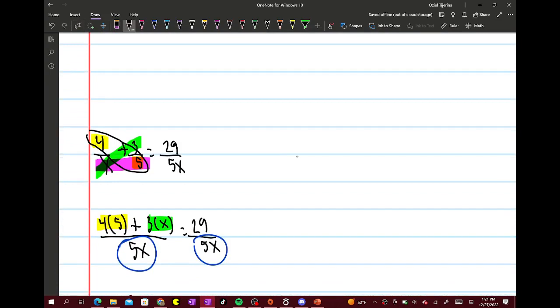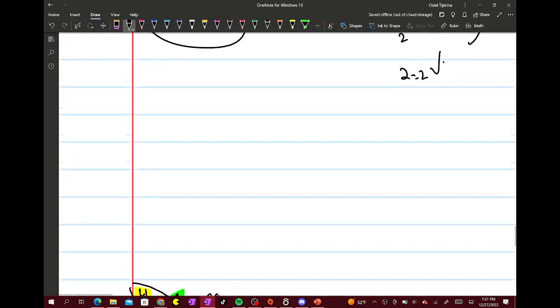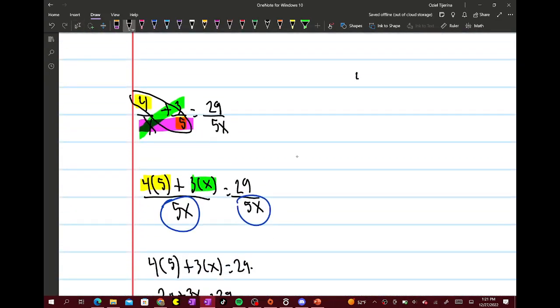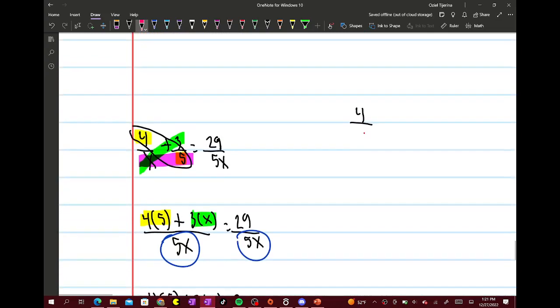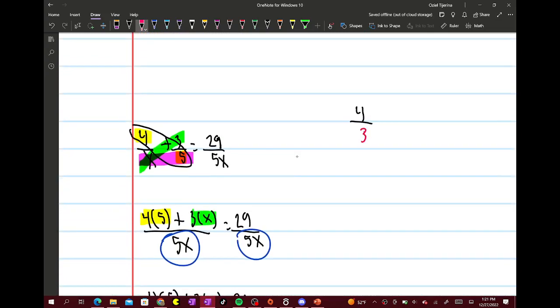So it'd be 4 over 3, because we're checking x equals 3.